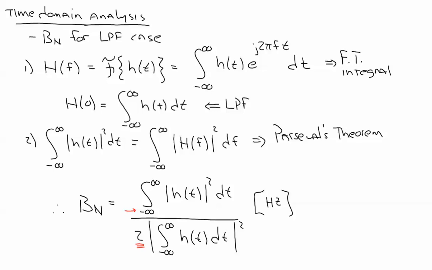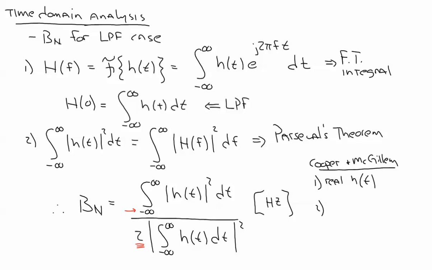I do want to point out that this relationship is a little bit different than you will encounter in your textbook, Cooper and McGillem. They make the following assumptions. First of all, they assume that they have a real impulse response.